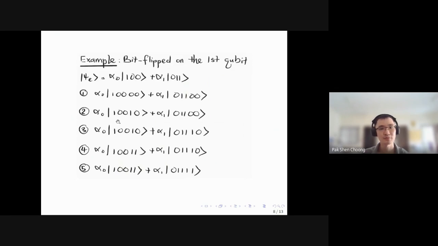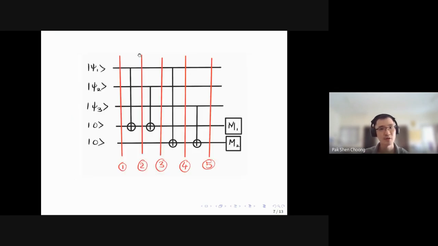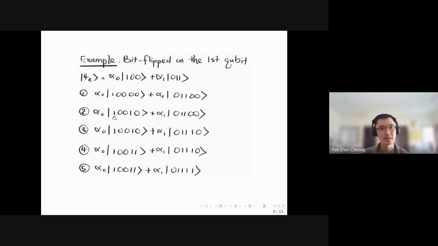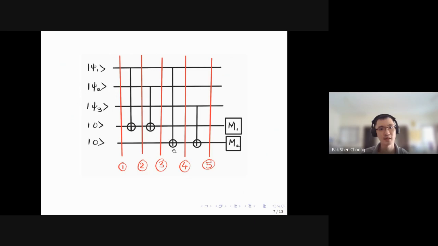What does it do? On step two, you try to compare the first and the fourth qubit. So if it is one, you get one. Zero, you get zero. And then you compare the second to the fourth. So this is zero, so this doesn't change. This is one, so this changed to one. And then the fourth step is comparing the first with the last.